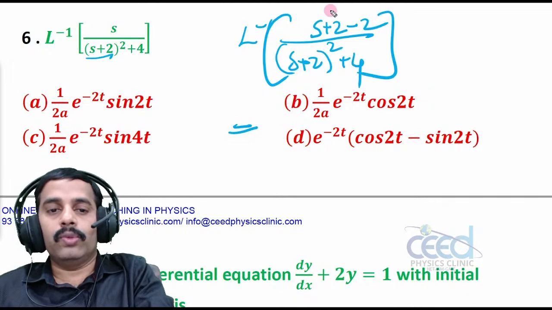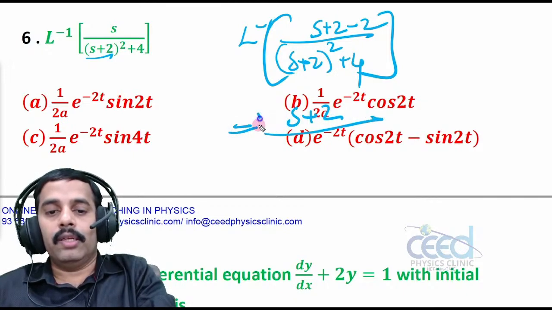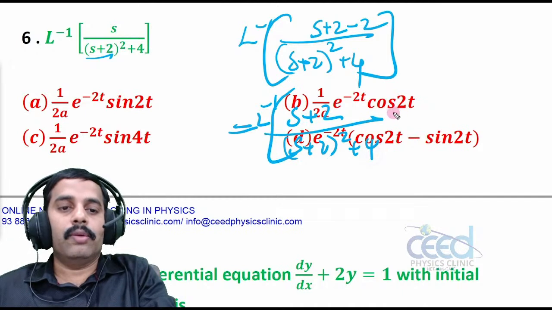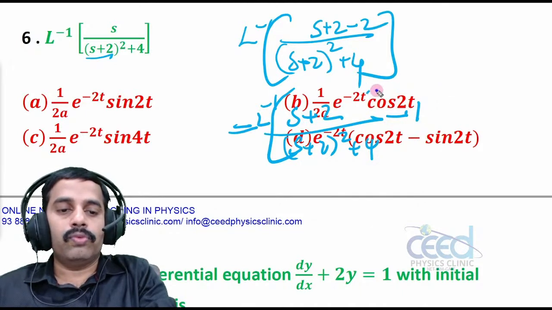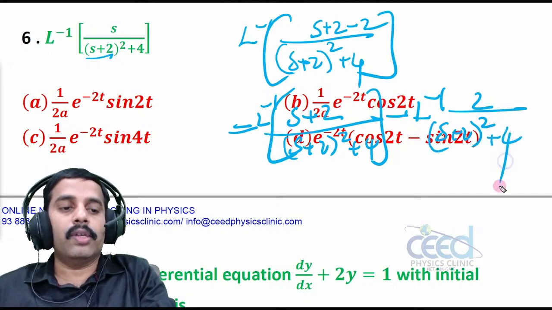So I can write this as Laplace inverse of s plus 2 divided by s plus 2 whole square plus 4, minus Laplace inverse of 2 divided by s plus 2 whole square plus 4, splitting it into two.